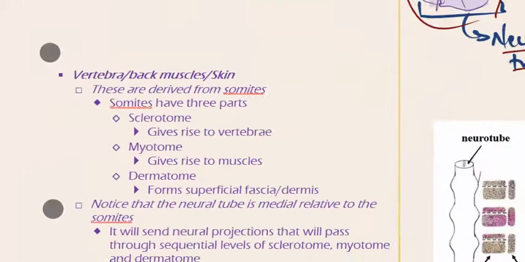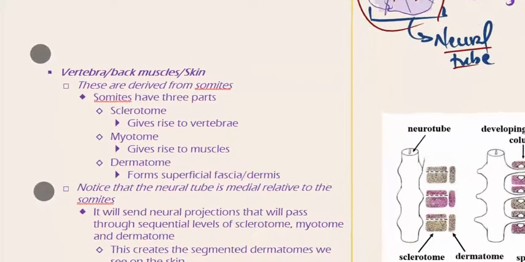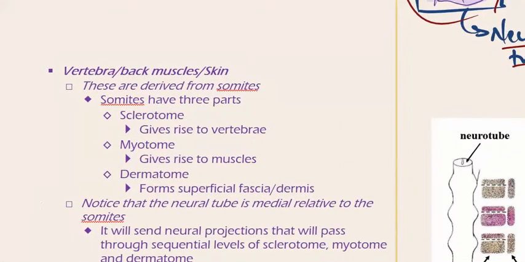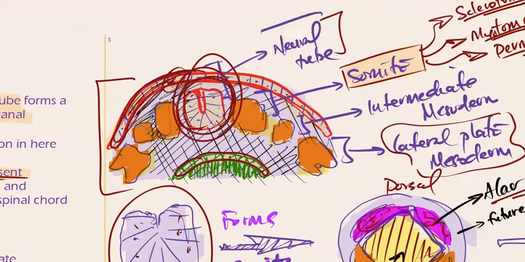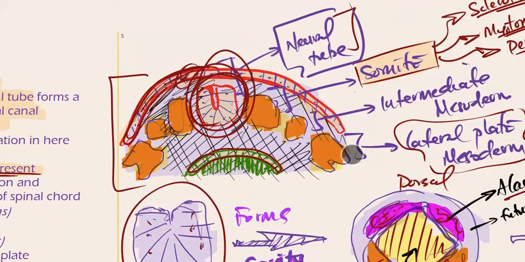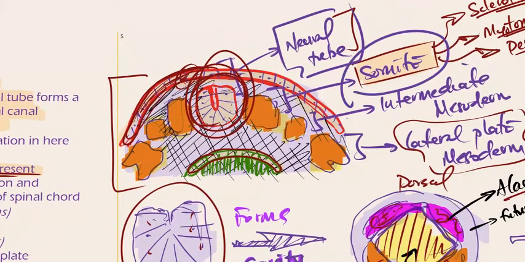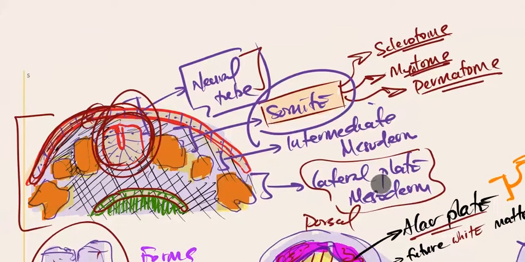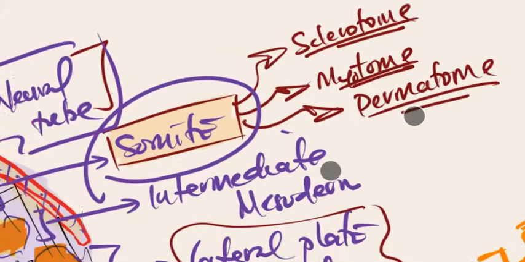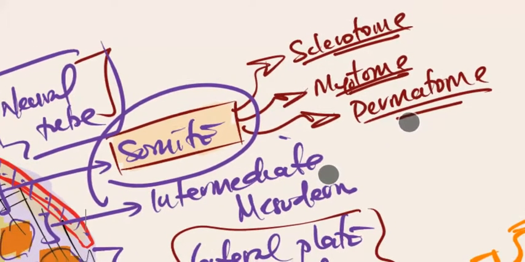Okay, now, moving along, going back to the embryology. Remember, we said that the spinal cord is coming from the neural tube. Now we're going to take a look at the somite and what the somite is forming. So we know the somite is going to give rise to what three structures? Sclerotome, myotome, and dermatome.